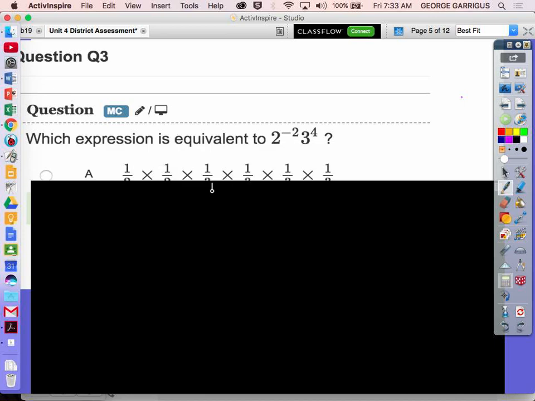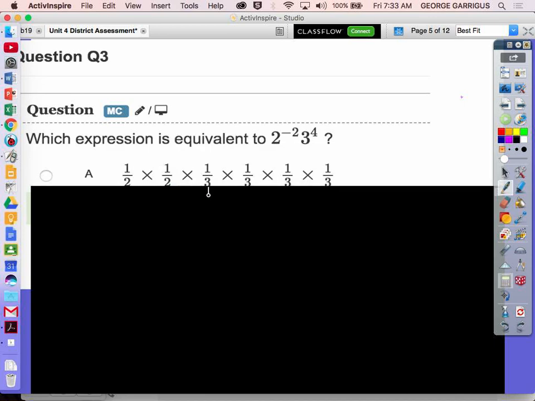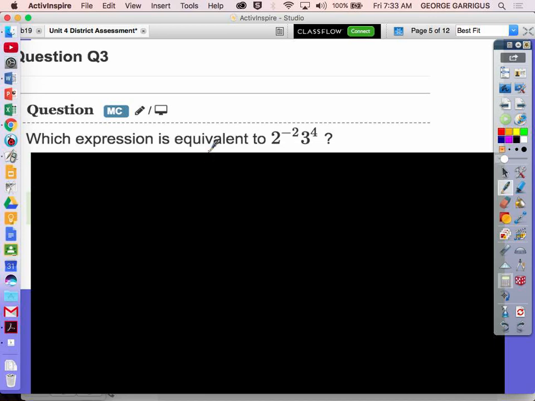Problem 3, question 3. Which expression is equivalent to 2 to the negative 2 times 3 to the 4th? In this case, it's a little tricky. These bases are not the same. One base is 2, and one base is 3. So in this case, what do we know about 2 to the negative 2?